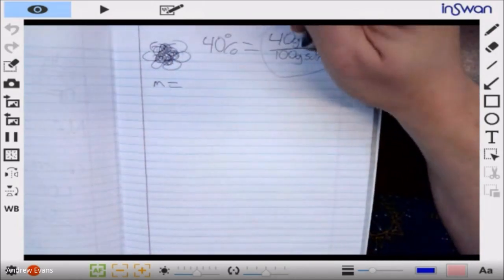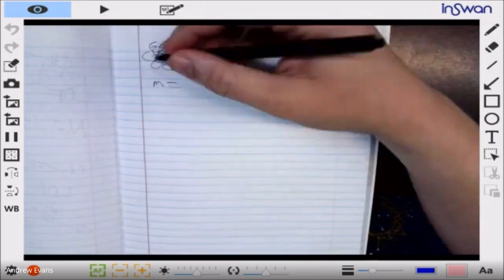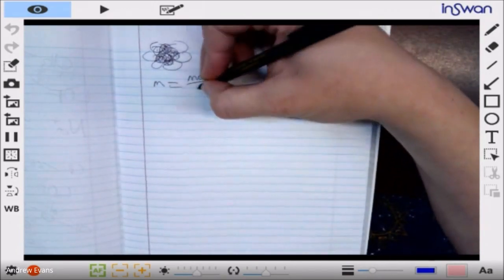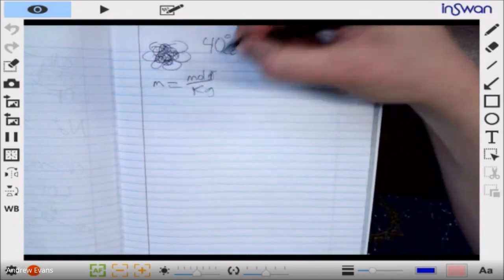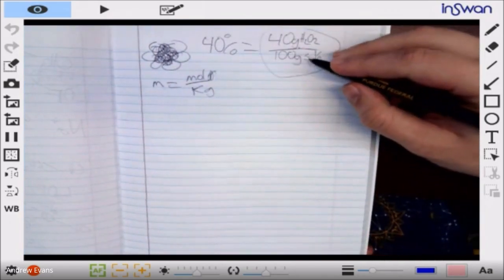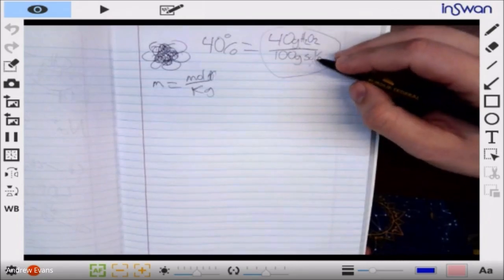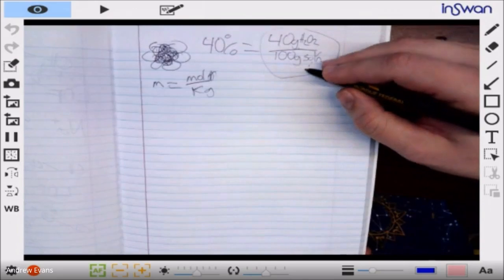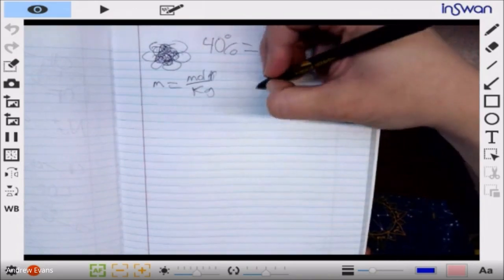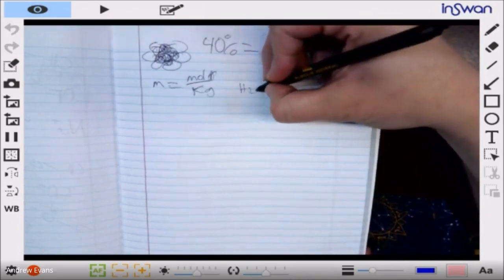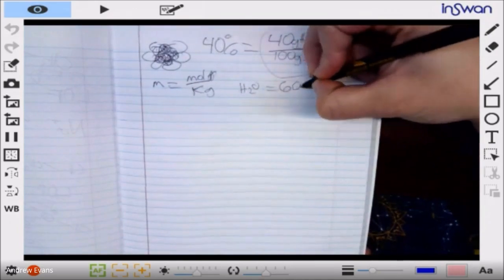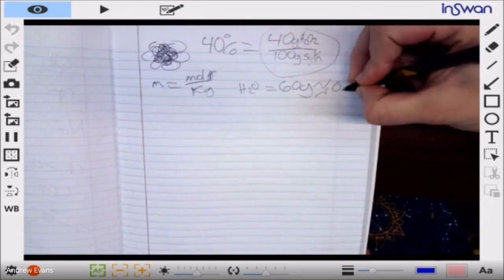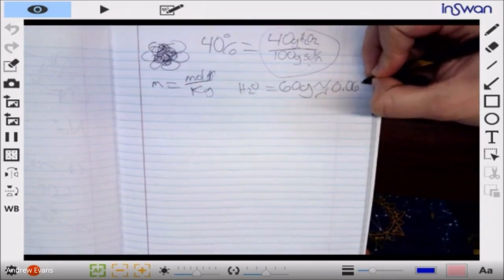Molality is moles of peroxide per kilogram of solvent. So if there's 100 grams of solution, how much of that is water? 40 grams out of 100 means the water is 60 grams, or 0.06 kilograms.